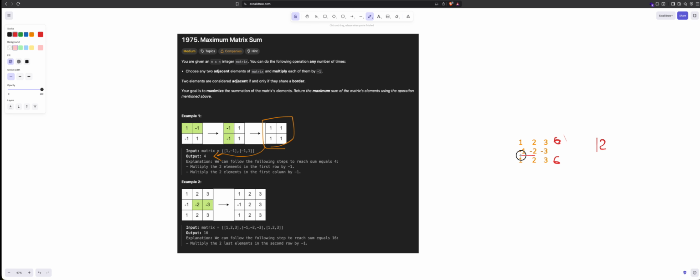We multiply this 2 with minus 1, or we multiply that 2 with minus 1. By checking the numbers, we decided to multiply index 1 and index 2 of row 1 by minus 1, which gives positive 2 and 3. 2 and 3 is 5, minus 1 makes it 4. So 12 plus 4 makes 16, and that is the answer here, 16.